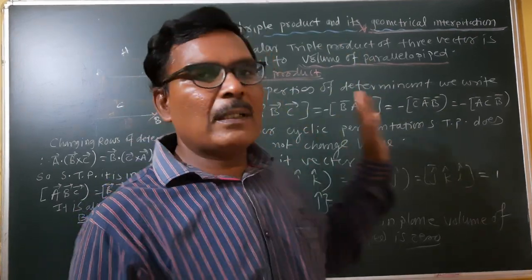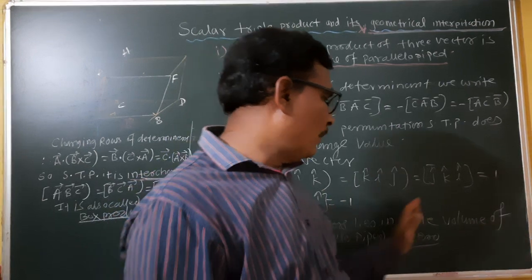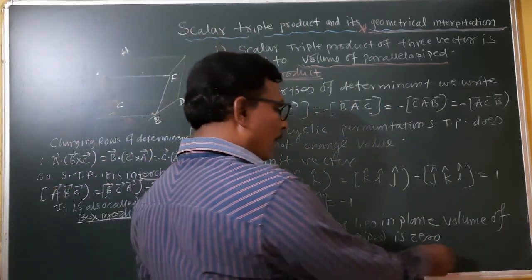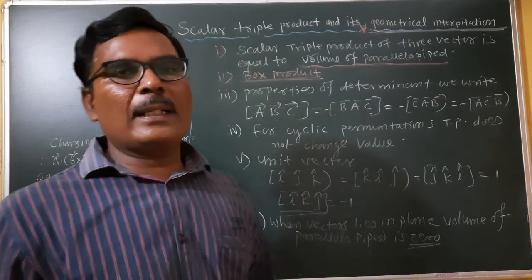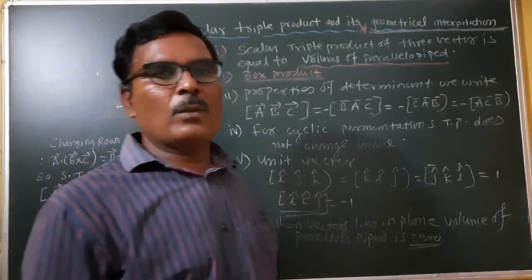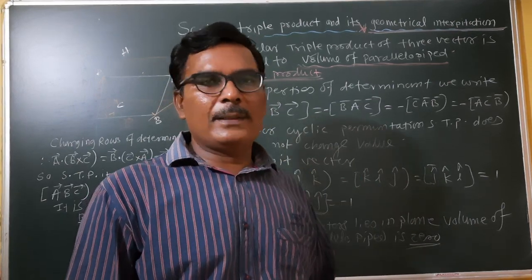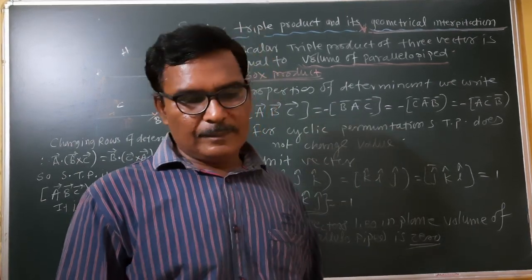Then if the three vectors lie in the plane, the volume of the parallelepiped should be 0. These are very important, as multiple choice questions are asked on this topic. So the exam is going to be multiple choice, and we have to focus on such important points. Okay, thank you.